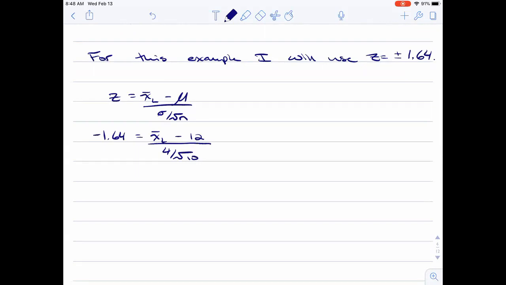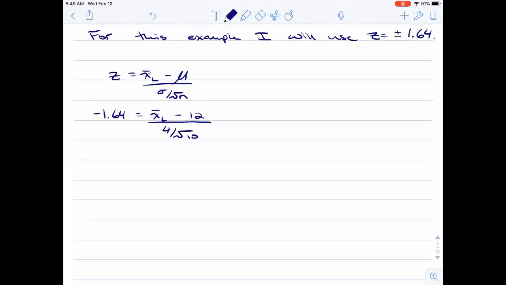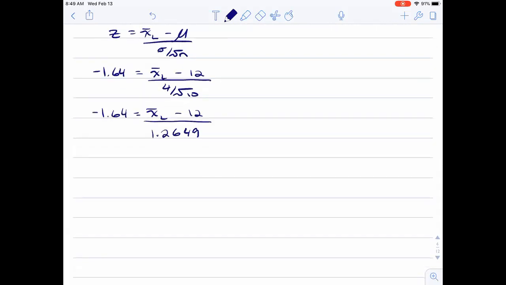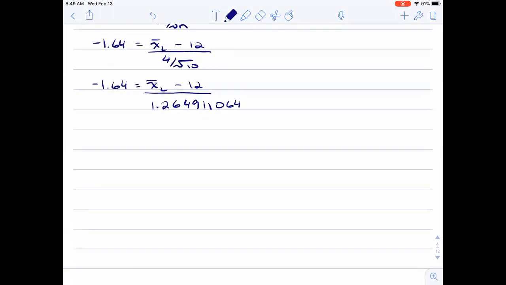So I've got negative 1.64 is X bar lower minus 12 over 1.2649110, times 1.64 negative.